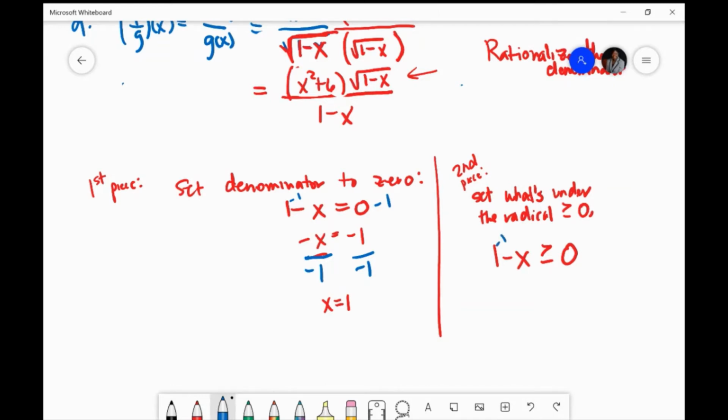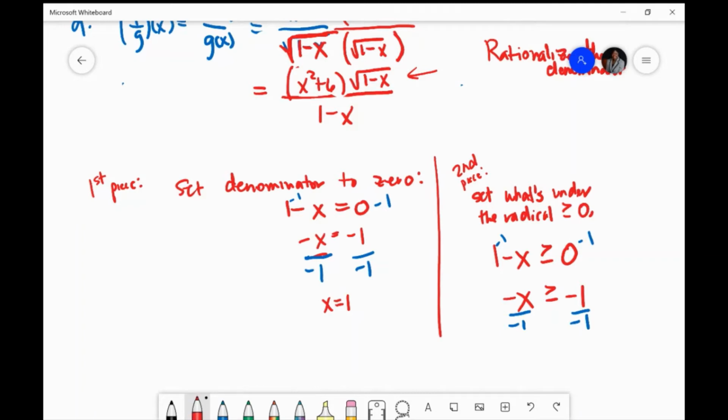All right, I'm gonna leave you alone. Subtract 1, and then what happens? What would you get? Negative x is greater than or equal to negative 1. All right, now what? And then divide by negative 1 on both sides.